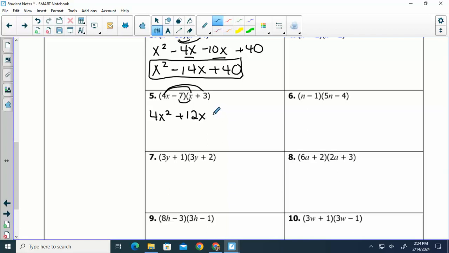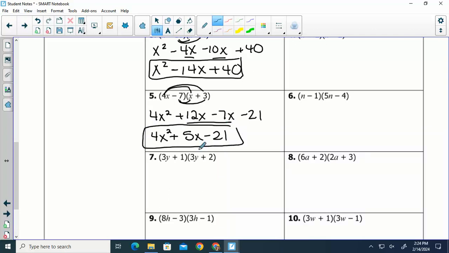Negative 7 times x, negative 7x. Okay, so combine like terms. Plus 5x, minus 21.